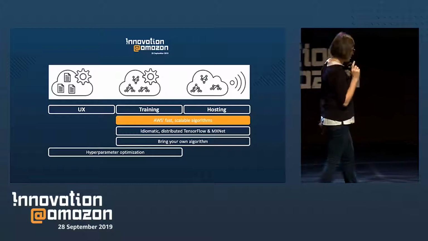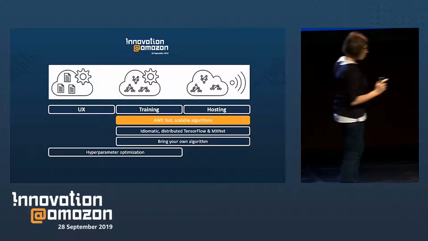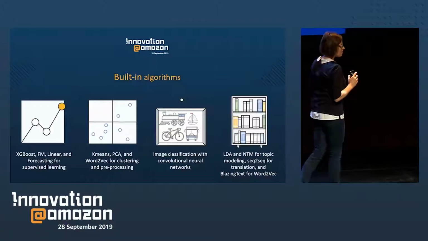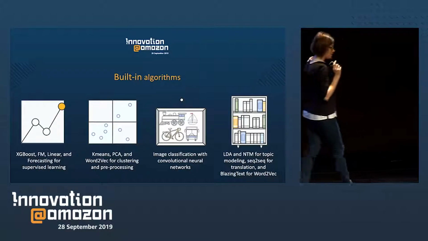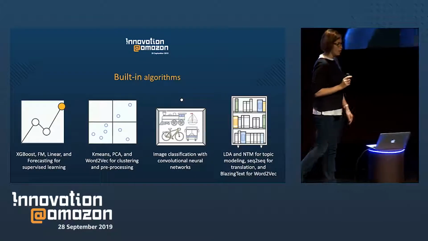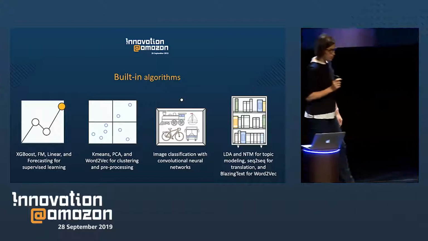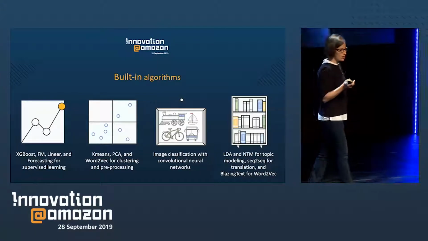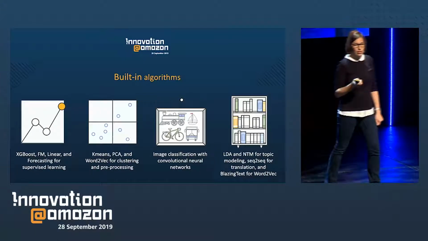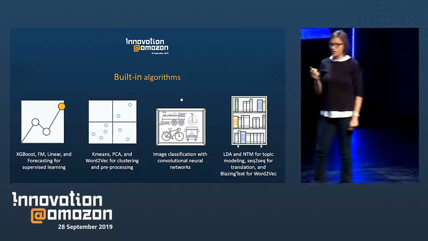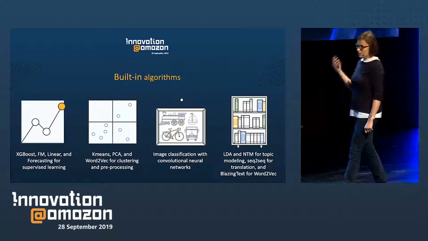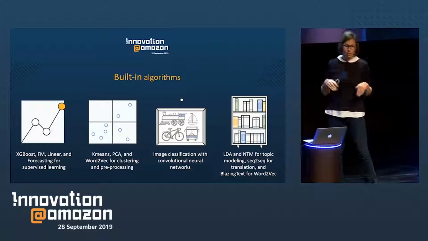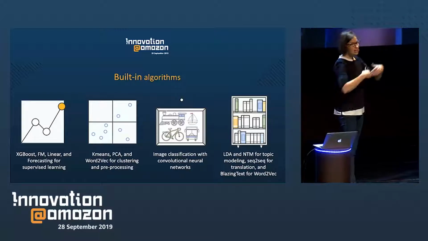Okay, so we are now going to algorithms, the choices of the algorithms. The first choice is the algorithms that are developed by AWS. So why do we develop algorithms? Because we have tons of data. The normal use case is that all the frameworks that are available are mainly developed by researchers and then by companies.